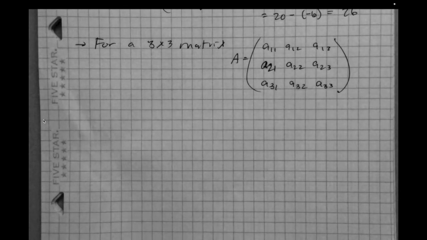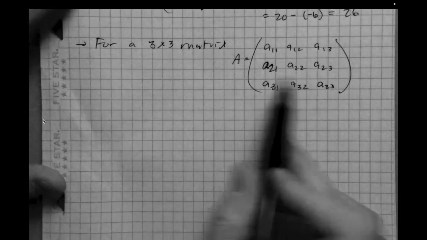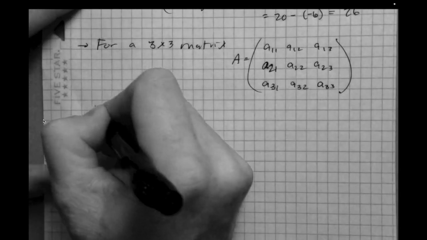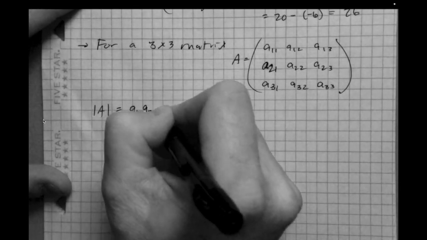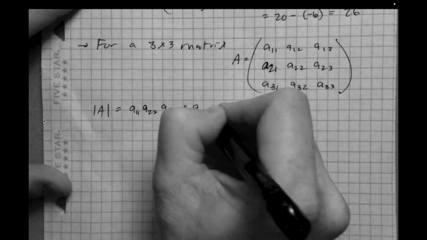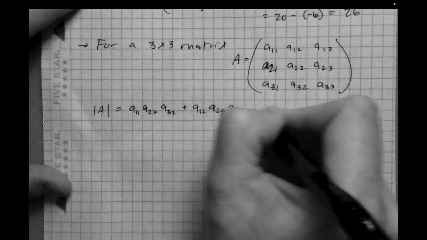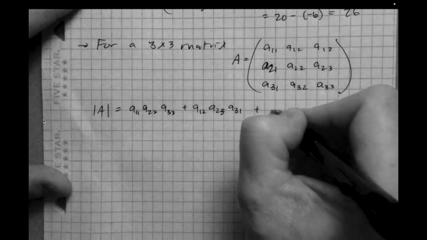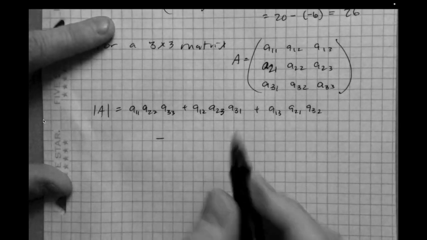Now we'll talk a little bit more about how to think about this, but this 3x3 matrix has a determinant of A11, A22, A33 plus A12, A23, A31 plus A13, A21, A32, and then minus A13, A22, A31 minus A11, A23, A32, and then finally minus A12, A21, A33, right?